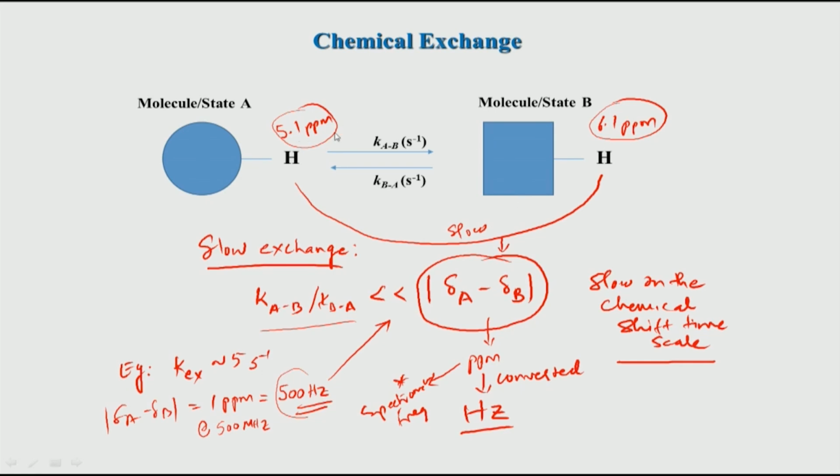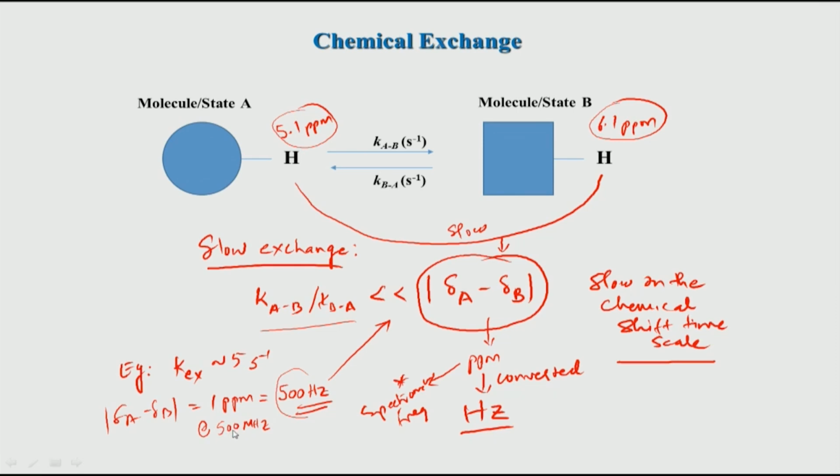Suppose the distance between these two atoms in the chemical shift is very small, suppose this is 6 ppm and this is 6.1, then your difference is only 0.1 ppm. Now, 0.1 ppm on 500 megahertz is 50 hertz.